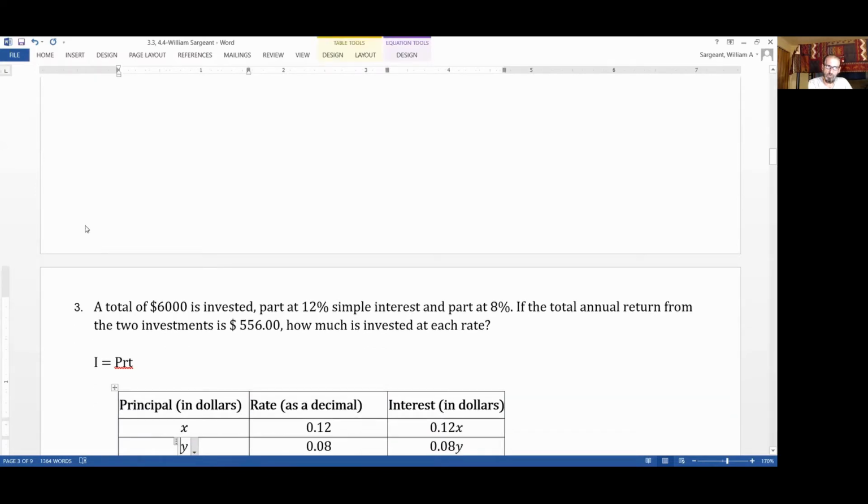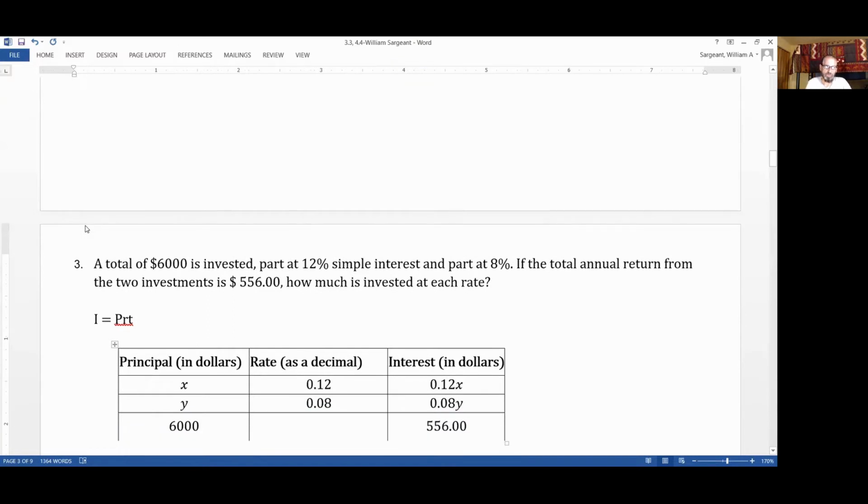We already have chosen here what X and Y are going to stand for. We're looking at how much was invested at each rate of 12% and 8%. And notice that we're told the total annual return from the two investments is $556.